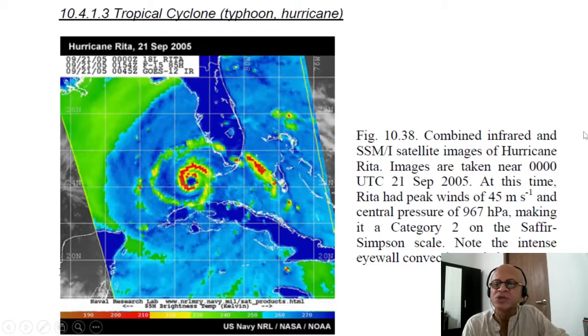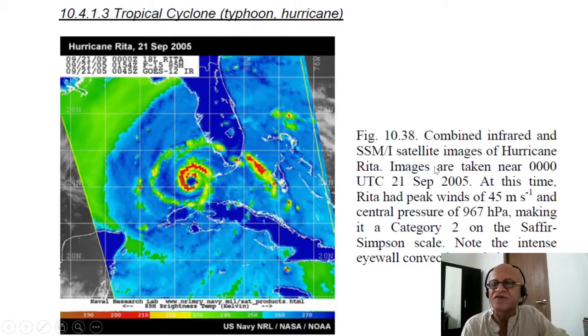Based on all the conditions we talked about and the energy from the ocean here, it's already in the Gulf of Mexico, which has very warm waters, which are very conducive to providing the hurricane potential for a tropical cyclone.